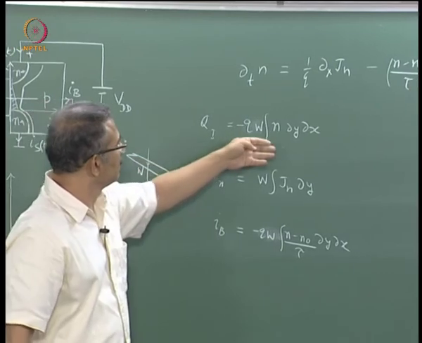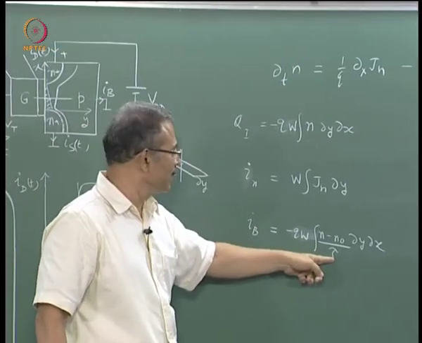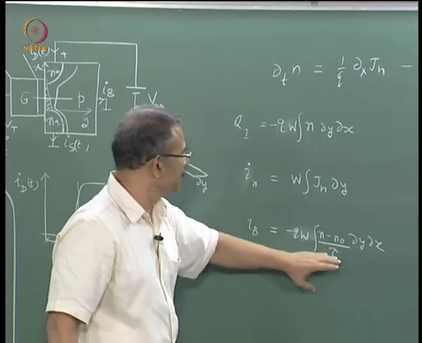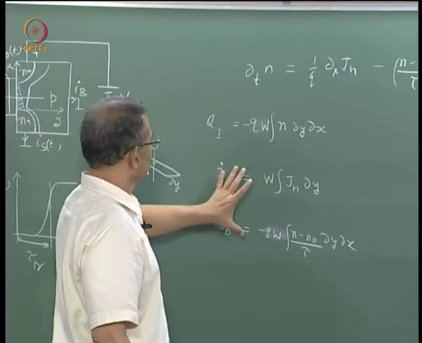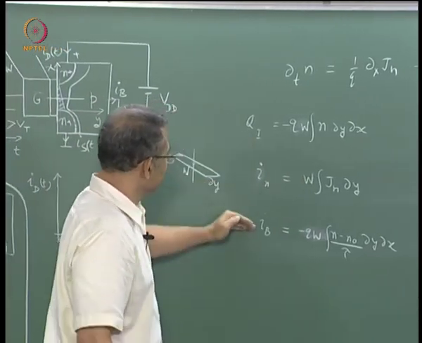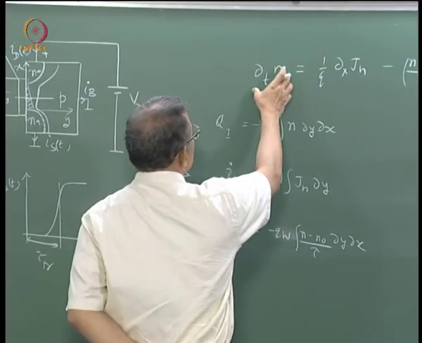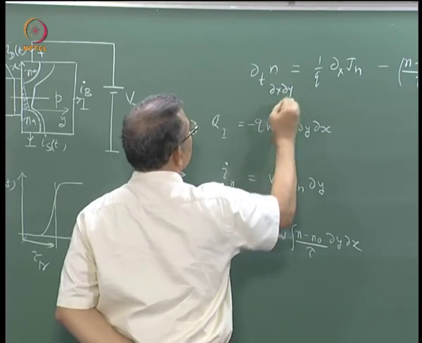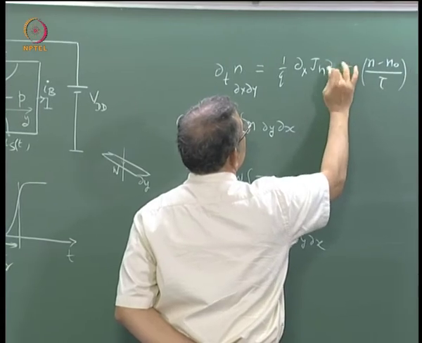Now note here that this was charge, but this is current because there is a time constant in the denominator here. You compare these two: the numerator gives you the charge and this is a time constant, that is IB. So now how can I get a relation between these from here? If you integrate now, what I do is I multiply this by ∂x ∂y, and I multiply this also by ∂x ∂y.